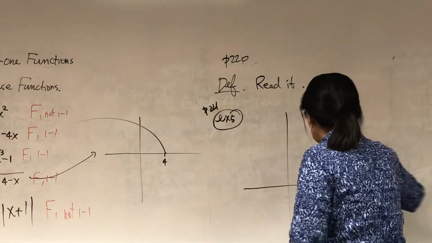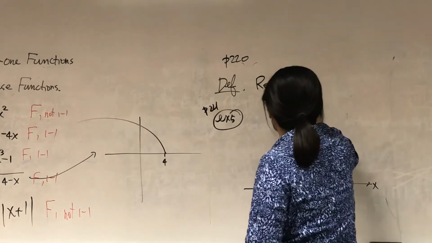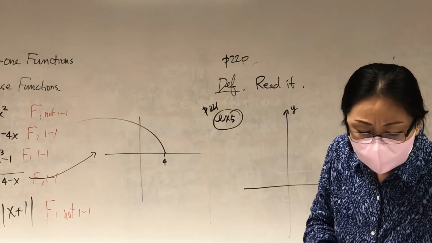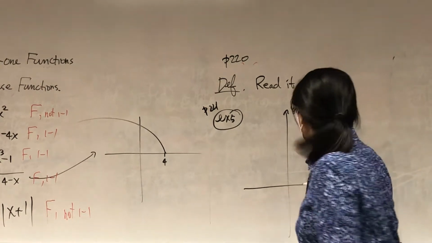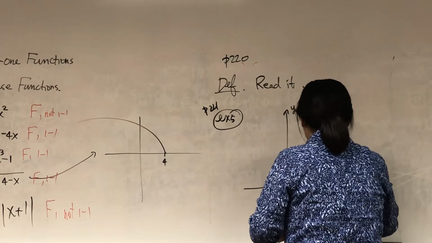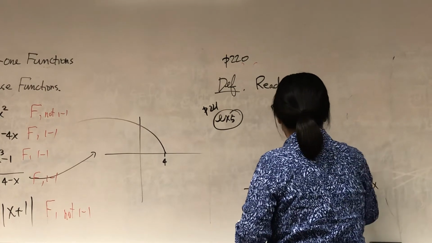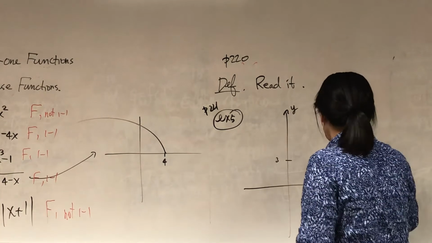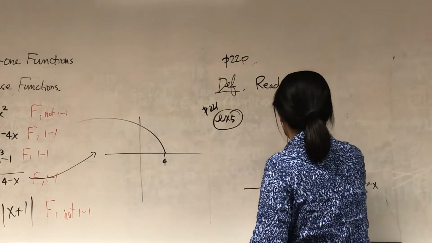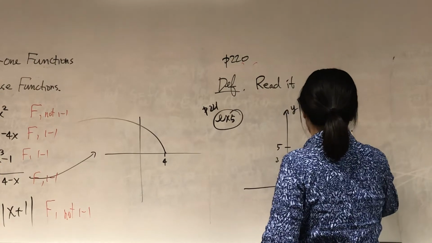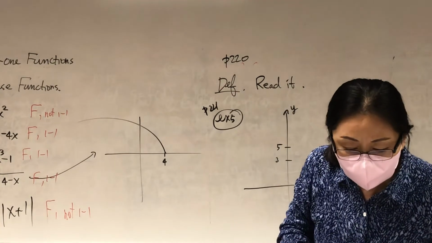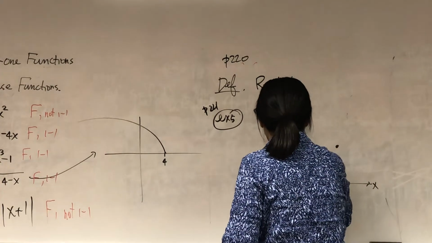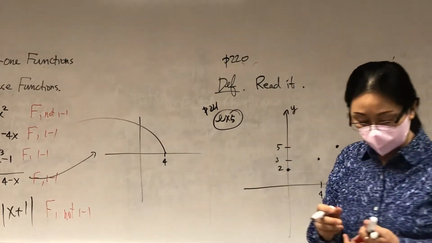I have a graph. Let's see. The points are (4, 3), (7, 5), and (0, 2).